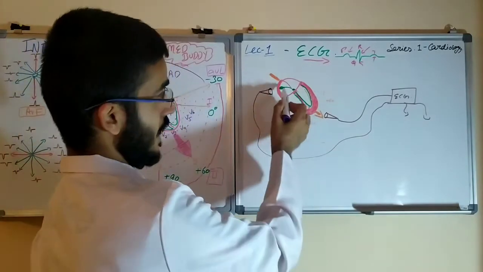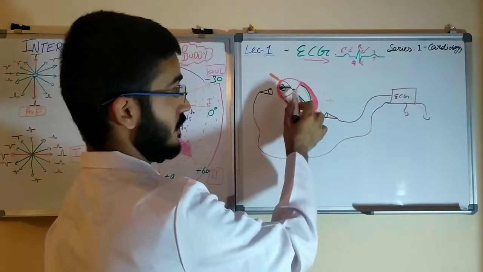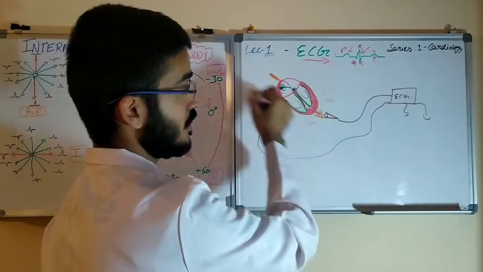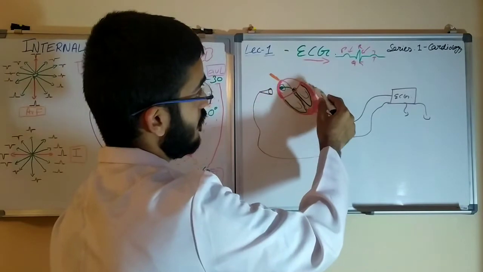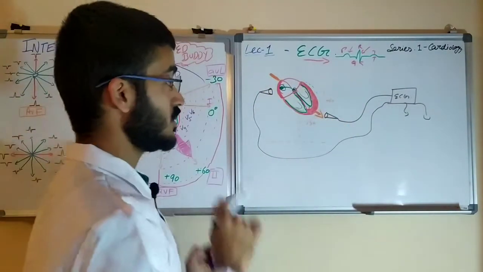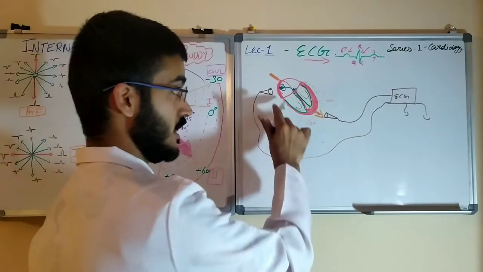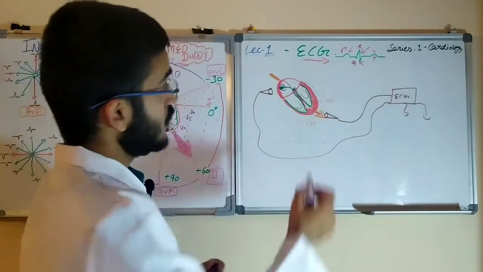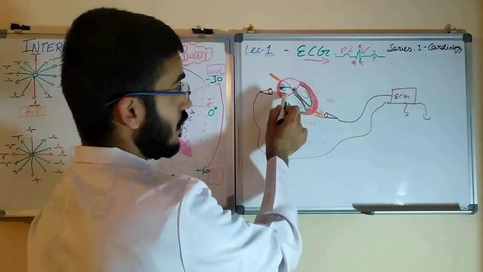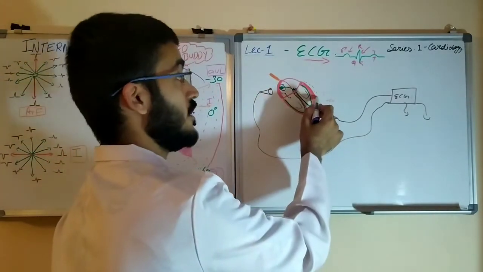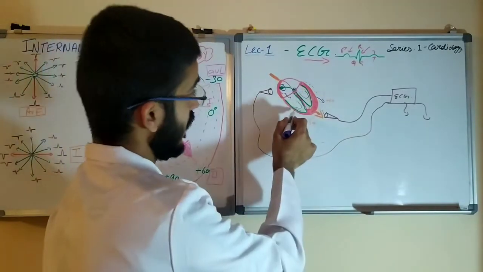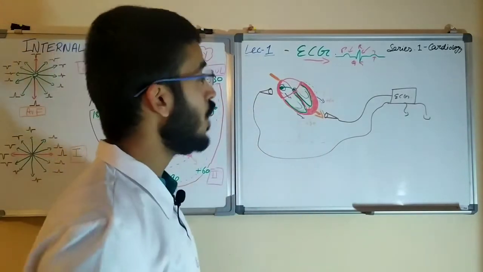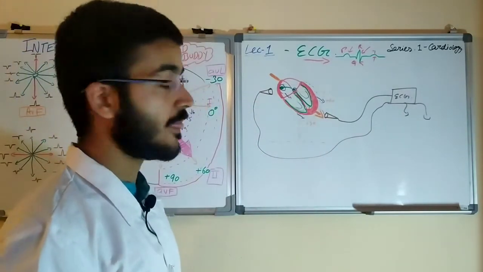So in the heart we have the SA node, AV node, left bundle branch and right bundle branch, and the myocardium. These all are the sources of producing a single current vector. So the atria produce their current vector, the right ventricle produces its current vector, and the left ventricle also produces its current vector. Then how do we define a single current vector?